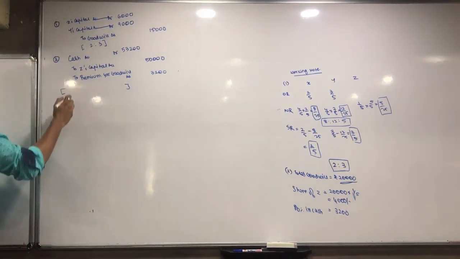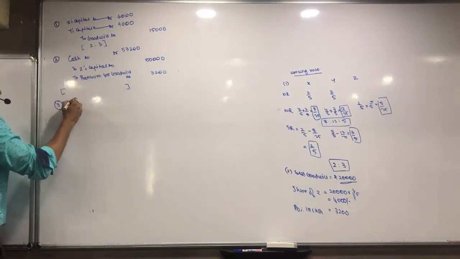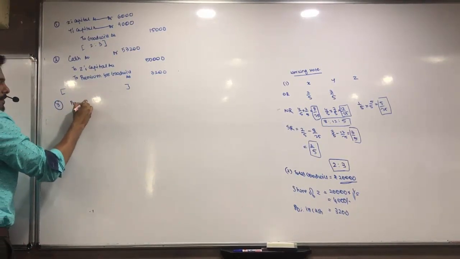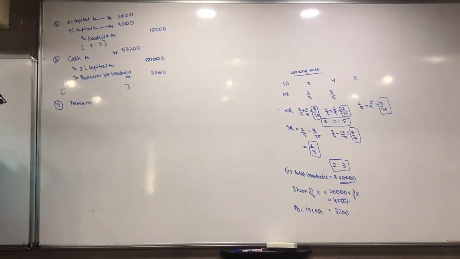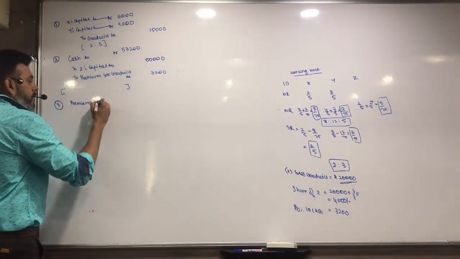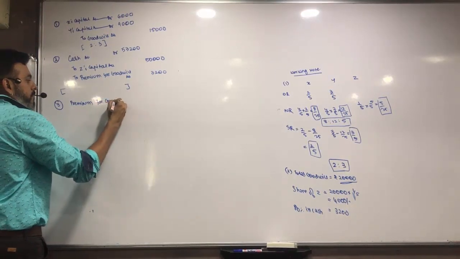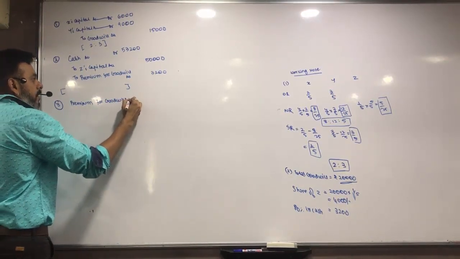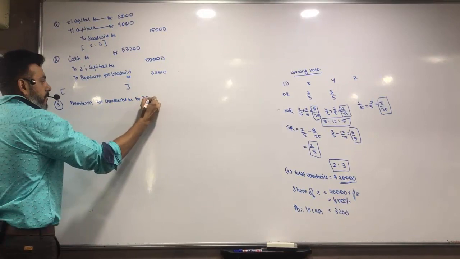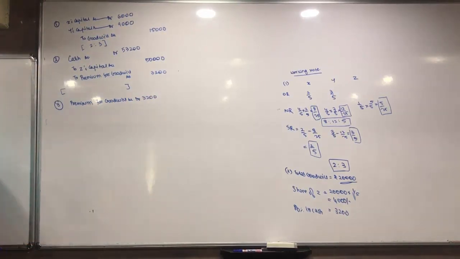Let's give this money to the partners. Premium for goodwill account debit 3,200. How much money is the partner not able to bring? 800. So what will we do with it? We will debit it.